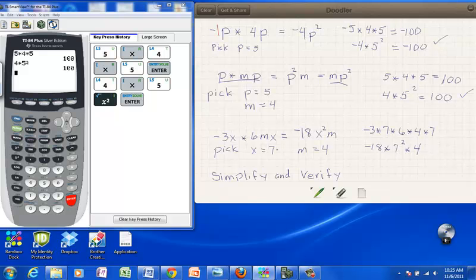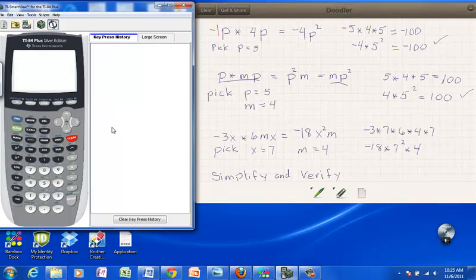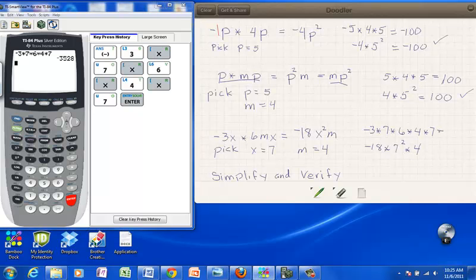Let's see if I can clear my calculator. Here we go. All right, so our first answer is negative 3,528.